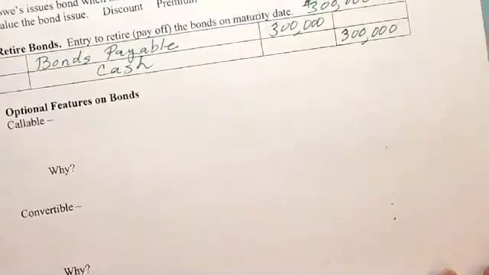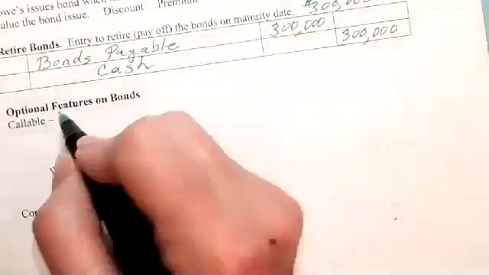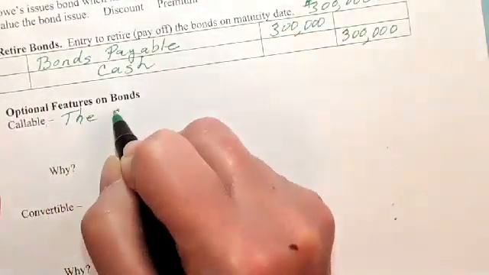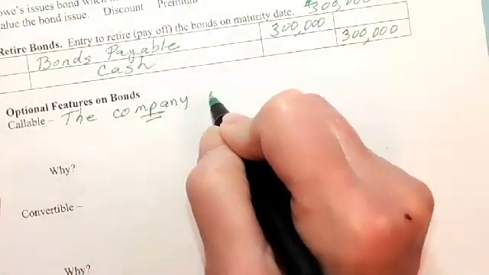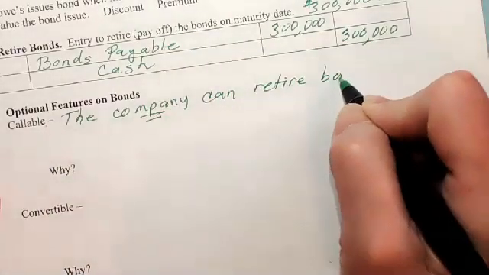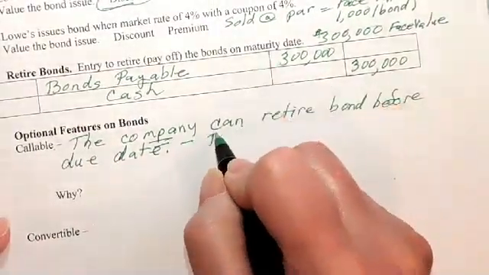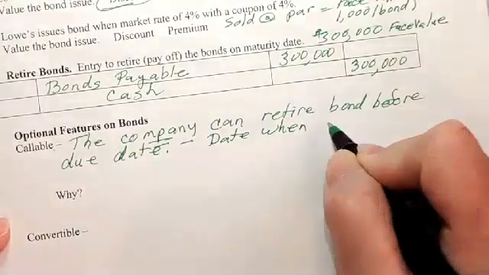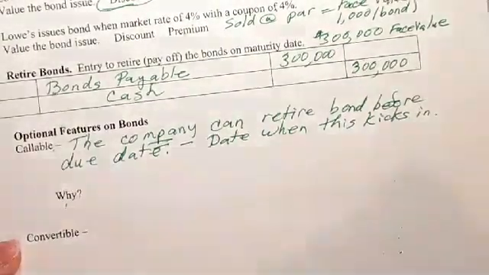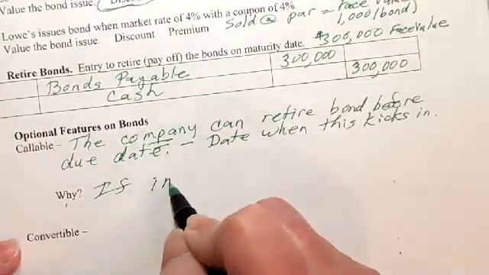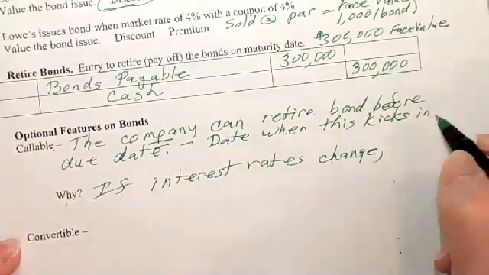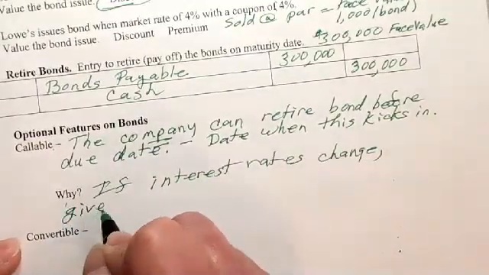Optional little features: callable. This says the company can retire the bond before the due date. So usually there's a date when this kicks in. Why might you do that? If interest rates change, it gives the company flexibility.